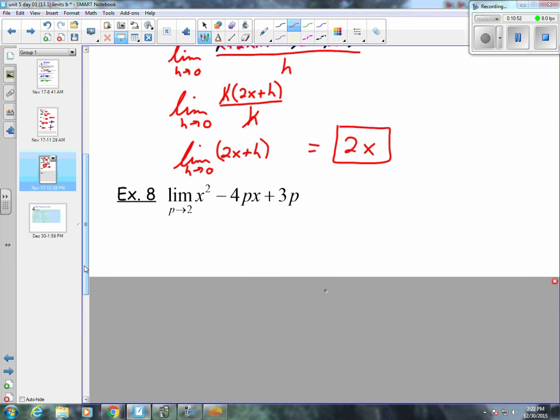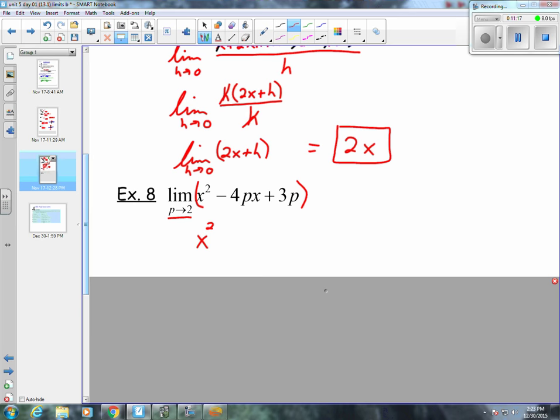Here's one that sometimes confuses students. What's the limit as p approaches 2 of x squared minus 4px plus 3p? Notice we have two variables here. We're looking at the limit as p approaches 2. So you can think of x as a constant. So the x squared stays x squared.